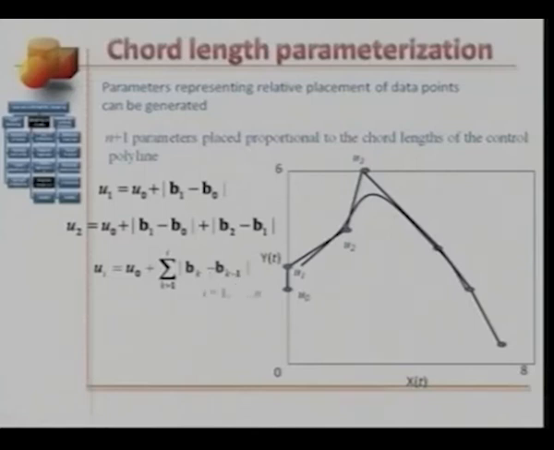Here the index i would go from 1 to n. So realize that there are two indices at work here. One is the index k, the other one is the index i.